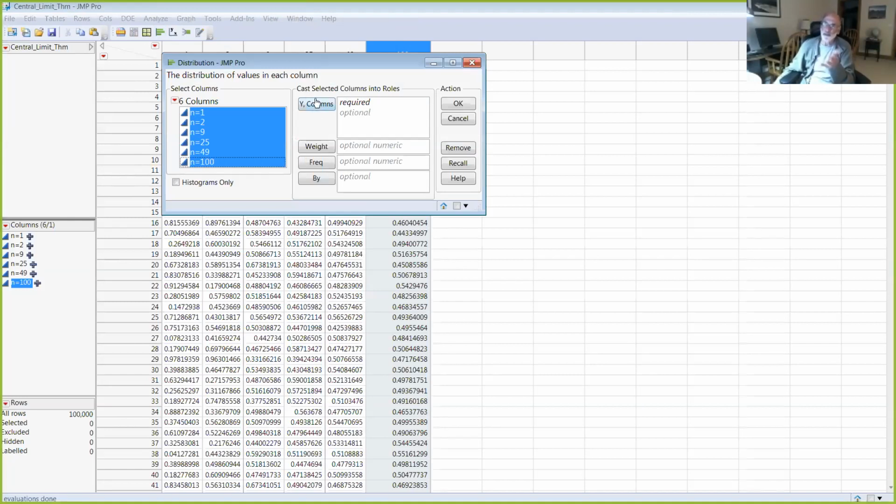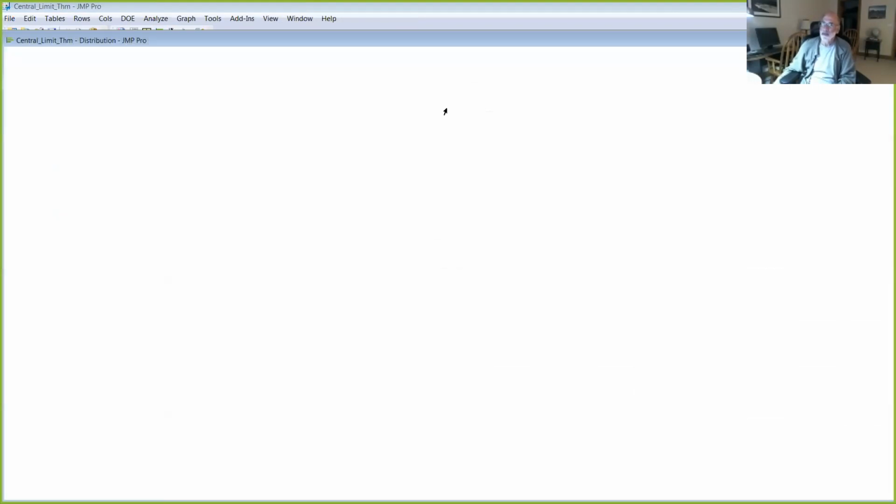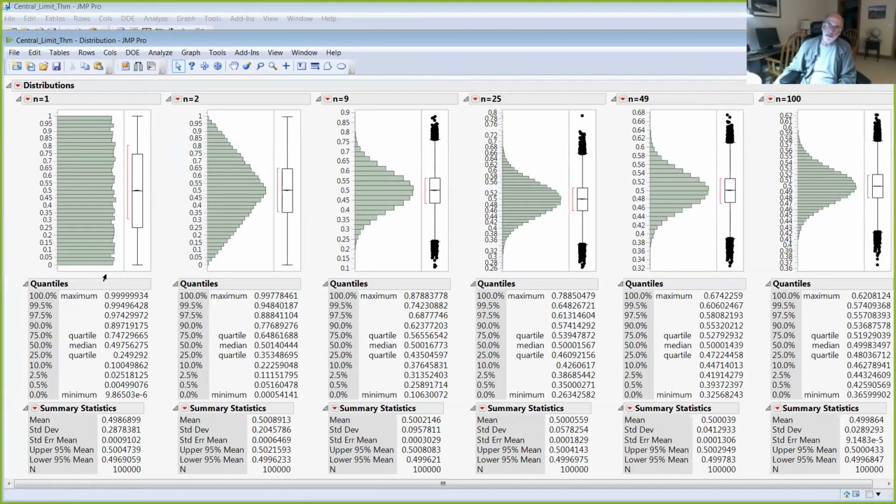So the true distribution, if you like, looks a lot like what the sample size of 1 looks like. There's our uniform distribution. The fact that it's only 100,000 data points is why it's not perfectly even across, but it's pretty evenly spread out from 0 to 1.